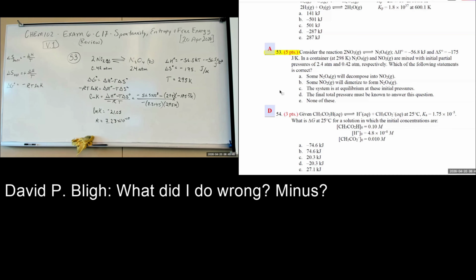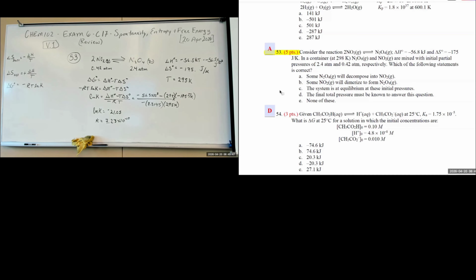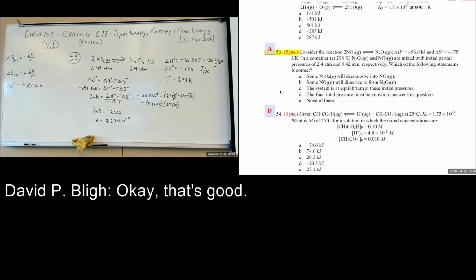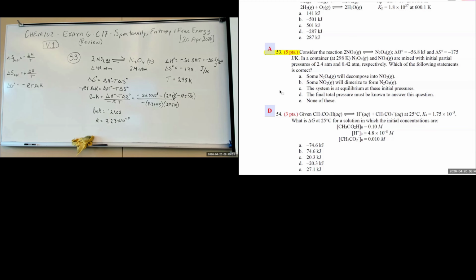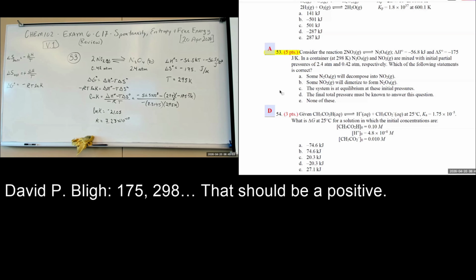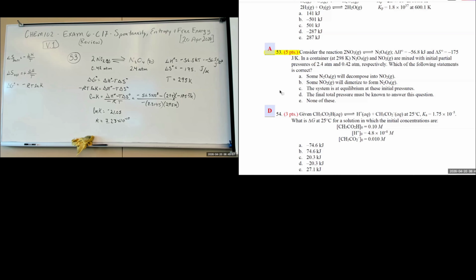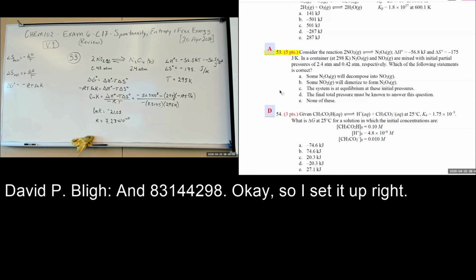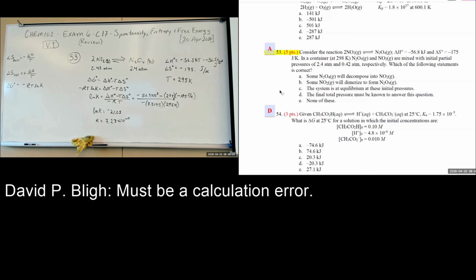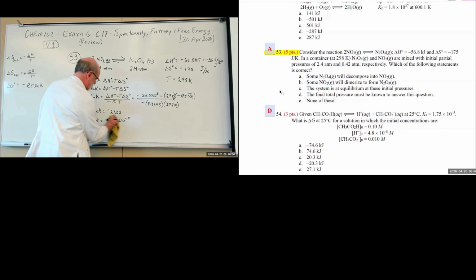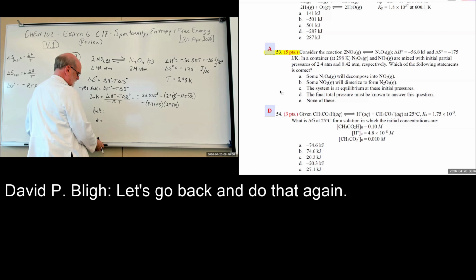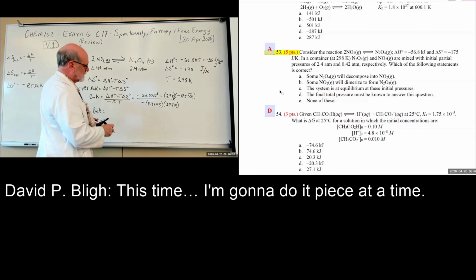No, that's not right. What did I do wrong? Minus? Okay, that's good. 75, 298. That should be a positive. And 8.3145, 298. Okay, so I set it up right. Must be a calculation error. Let's go back and do that again.